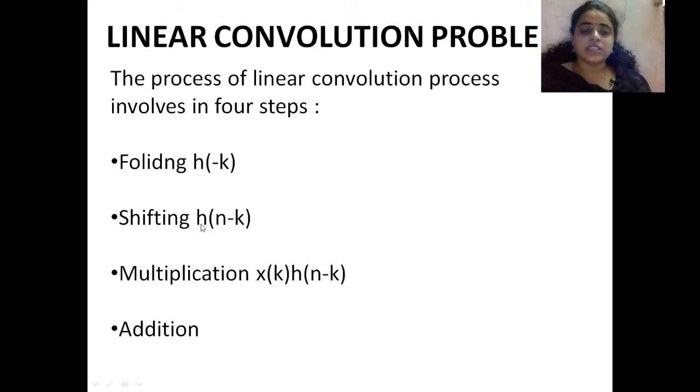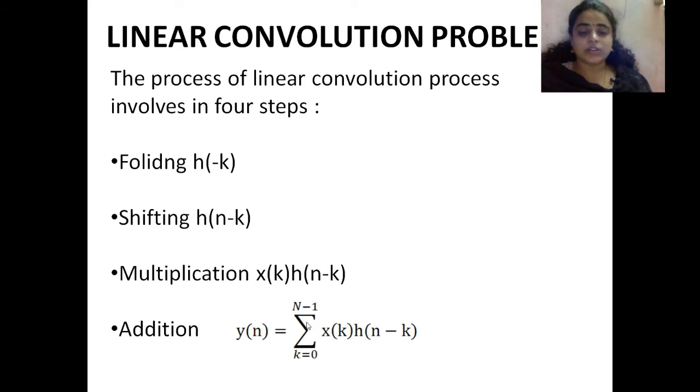Shifting the signal by n times results in h of n minus k. Then multiplication with x of k, the original input signal, and then finally addition. This yields our formula for linear convolution.